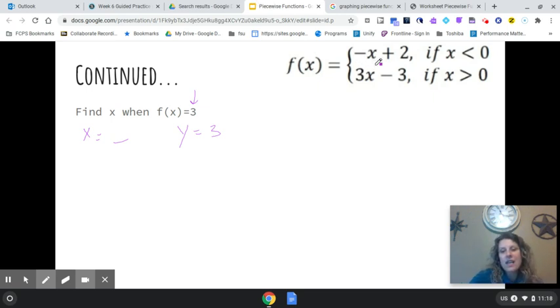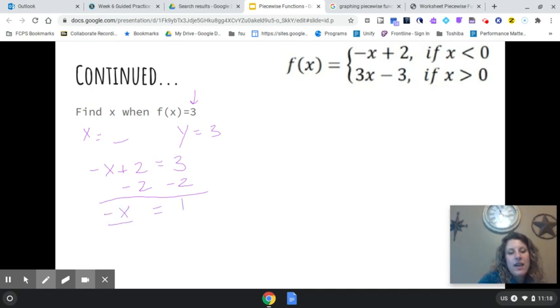So negative x plus 2 is supposed to equal 3. Solving that, we're going to subtract 2 from both sides. We get negative x is equal to 1. And dividing both sides by negative 1, we get x equals negative 1.